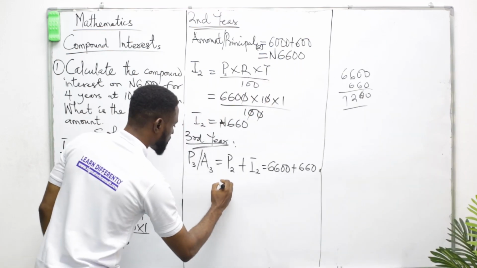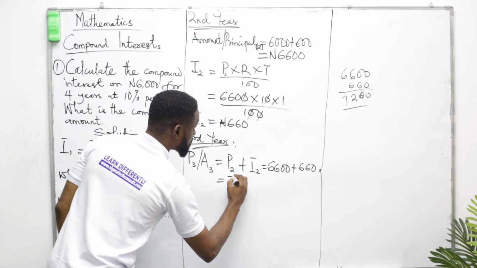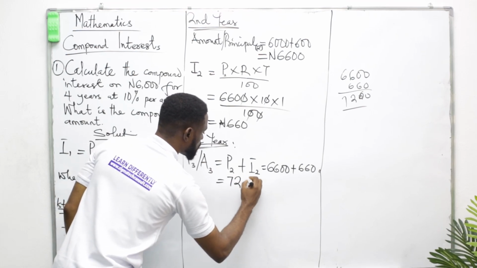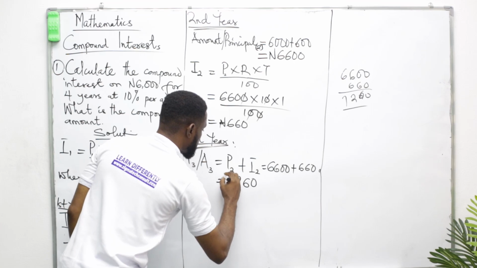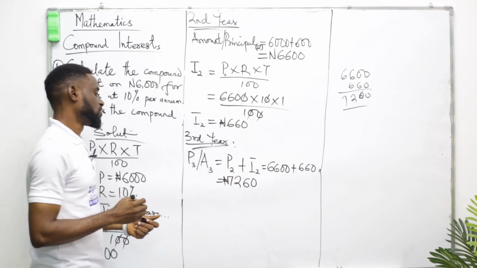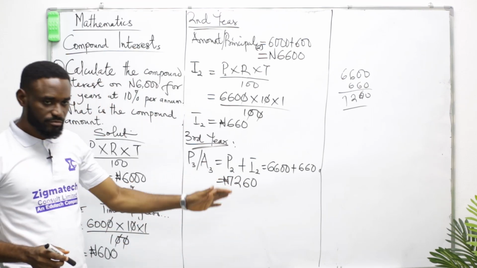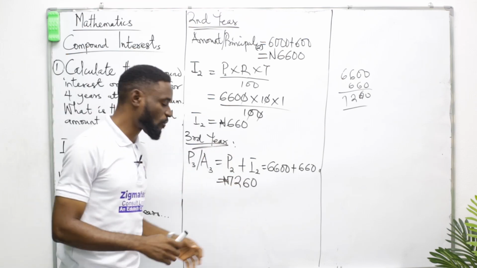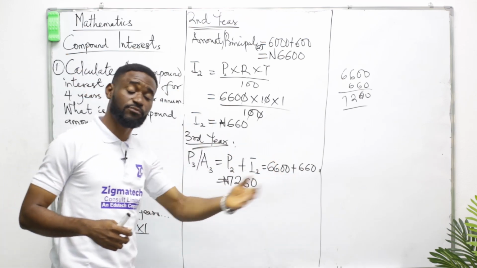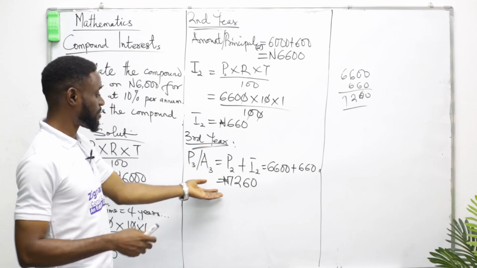So our P3 is equal to 7,260 naira. So this is the amount for the third year.